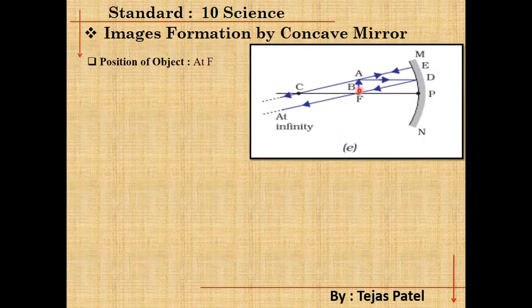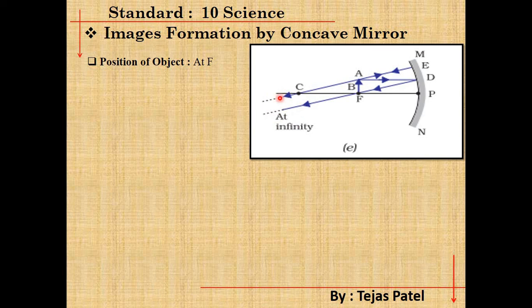Fifth case, whenever the object is at F, so as you can see the object AB is put on the F, so whenever it is parallel to the principal line, it will pass through the F, and whenever it is passing through the C, then it will be reflected through C. So as you can see that these 2 rays are not meeting in actual, but it will meet at infinite distance.